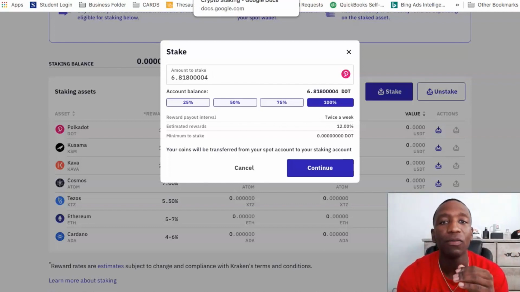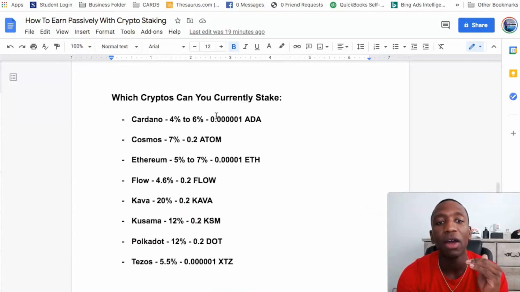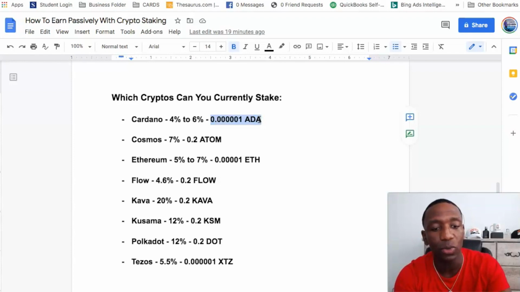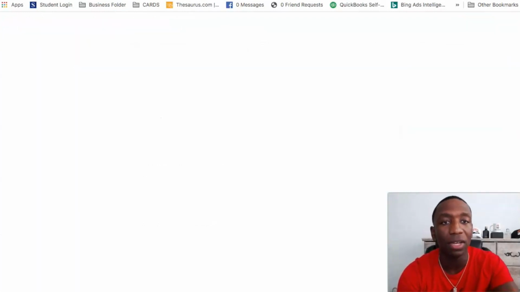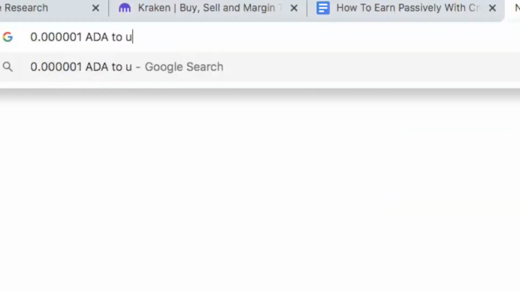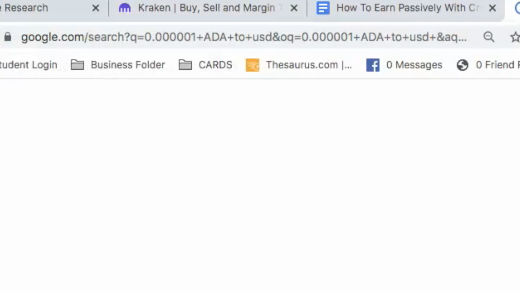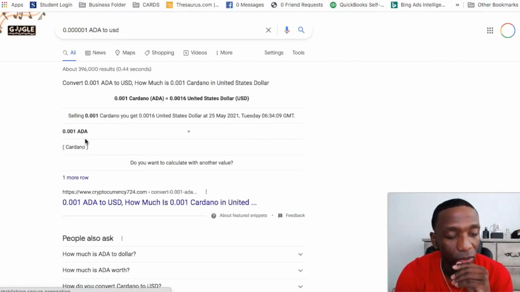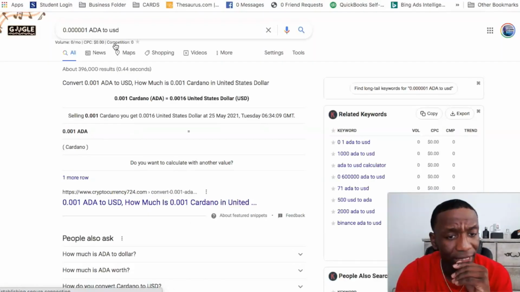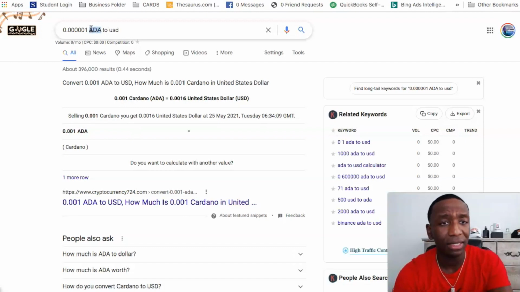Just keep in mind, if we go back over here, remember they all have a minimum that you need to be able to stake. So you got ADA. This is how much you would need as far as ADA. So let's see what that would actually be. Typically what I'll do is go to USD, and let's see if we can actually get something to pull. All right, matter of fact, let's do this.